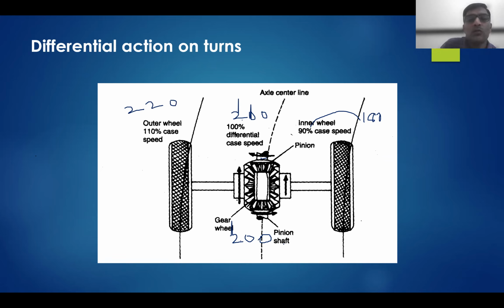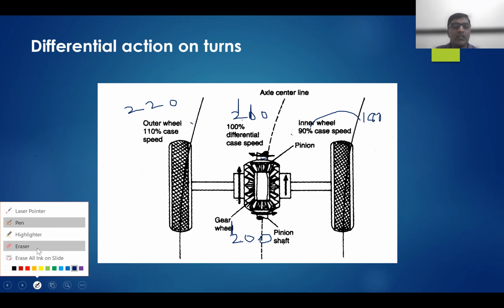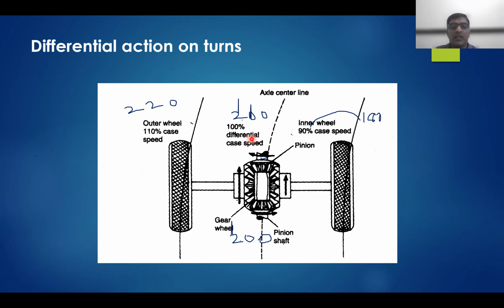So 200 is the cage speed already, and we can call it 100% differential cage speed. What is the value for that? 200 RPM, whatever speed we have taken as an example. And this is rotating with 90% of the cage speed. So 90% of 200 is 180, and 110% of 200 is 220.